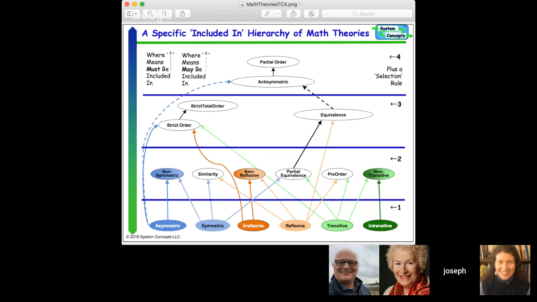They happen between individual objects, but you have to have a set of objects for the system, right? And so they have to have more than one, more than two.